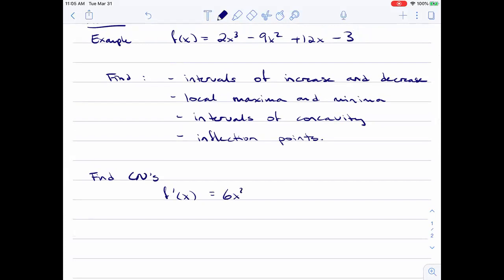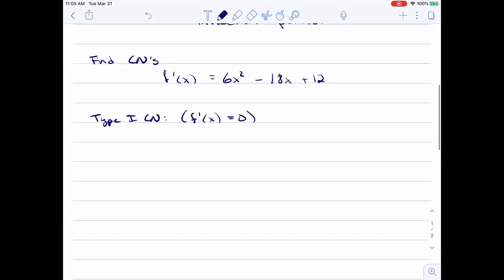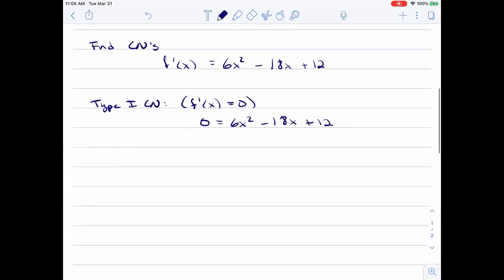We get 6x^2 minus 18x plus 12. The type 1 critical number is where f prime of x equals 0, so we set 0 equals 6x^2 minus 18x plus 12.